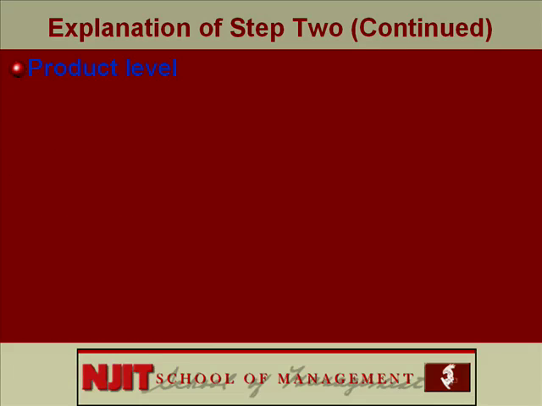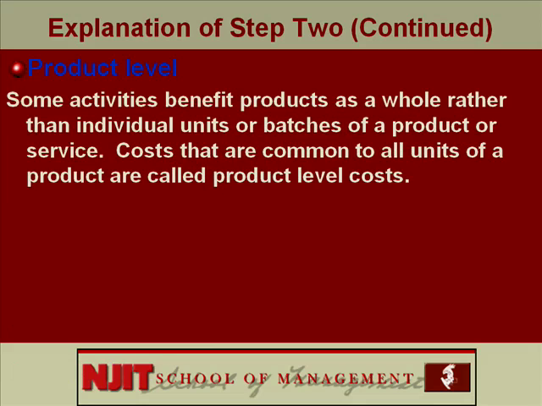Product level. This is an activity level where overhead vary between products. Some activities benefit products as a whole rather than individual units or batches of a product. Costs that are common to all units of a product are called product level costs.